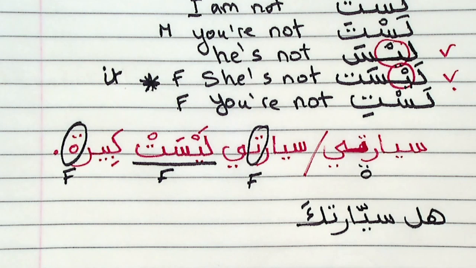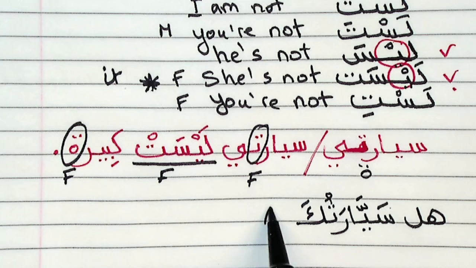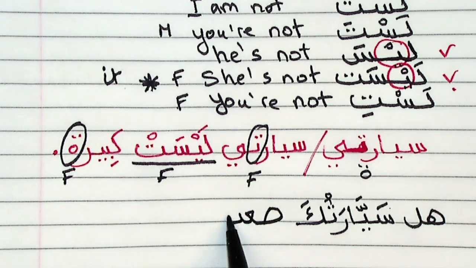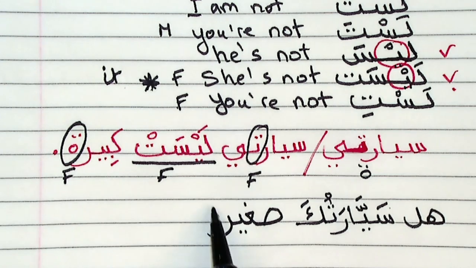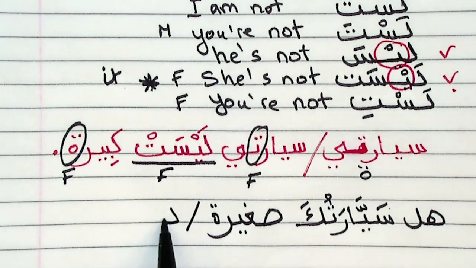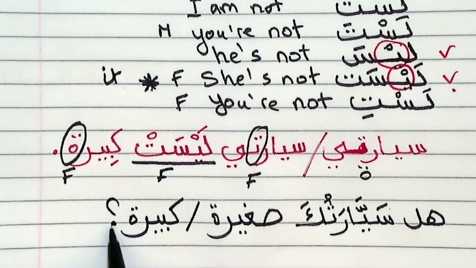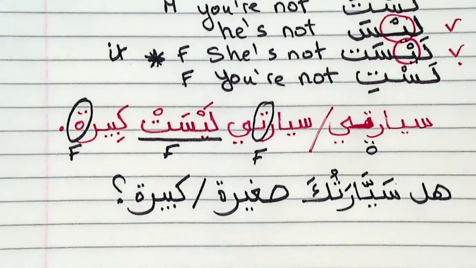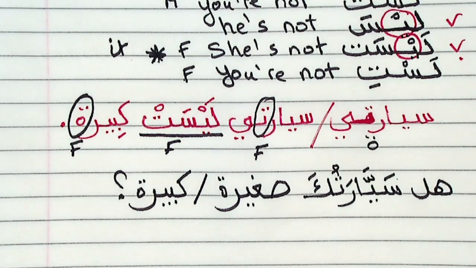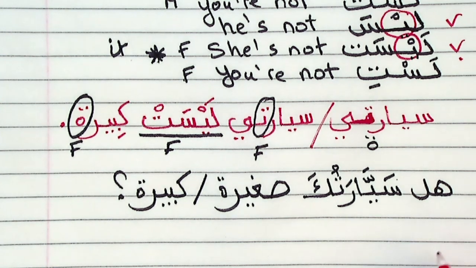I'm stressing on the ya, so I'm going to put that little tiny shadda. هل سيارتك صغيرة؟ Is your car small? هل سيارتك كبيرة؟ So you would only change the adjective. And your answer would depend on whether it's big or small, but the negation is not going to change. The negation is going to take after sayyara because it's feminine.